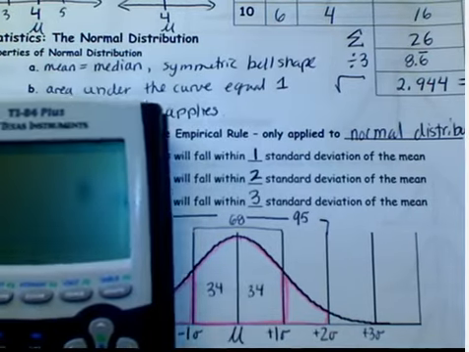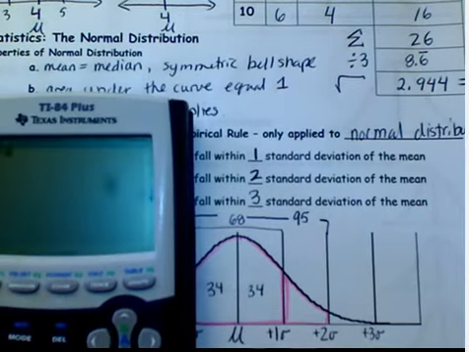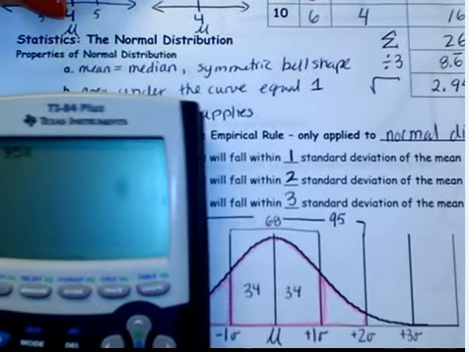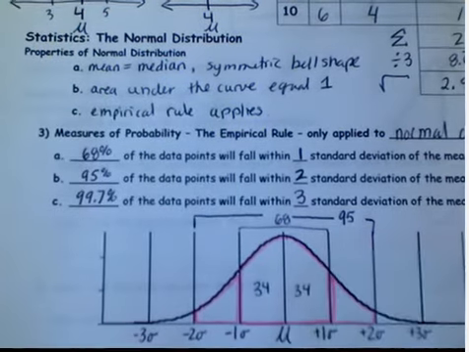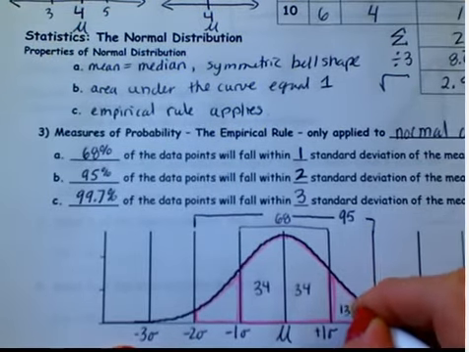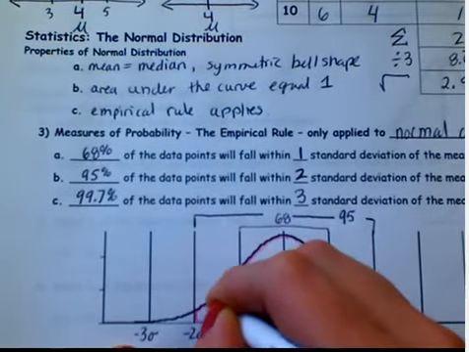So if I have 95 and I already took out 68 for the middle 2, I've got 27 left, split evenly, so 13.5. 13.5.